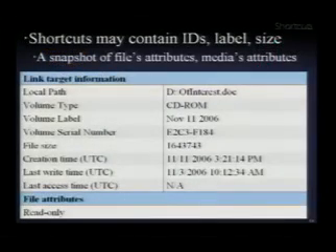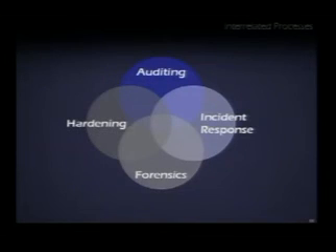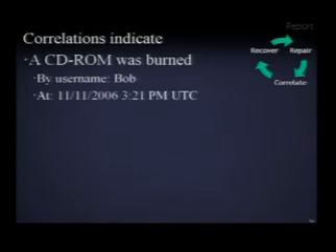So we've got timestamps in the event log, timestamps in the shortcut, and we can correlate them. And we want to combine that with our understanding of how the system works to say something about what was going on. So we do that. We can look at the correlations and determine that a CD-ROM was burned.